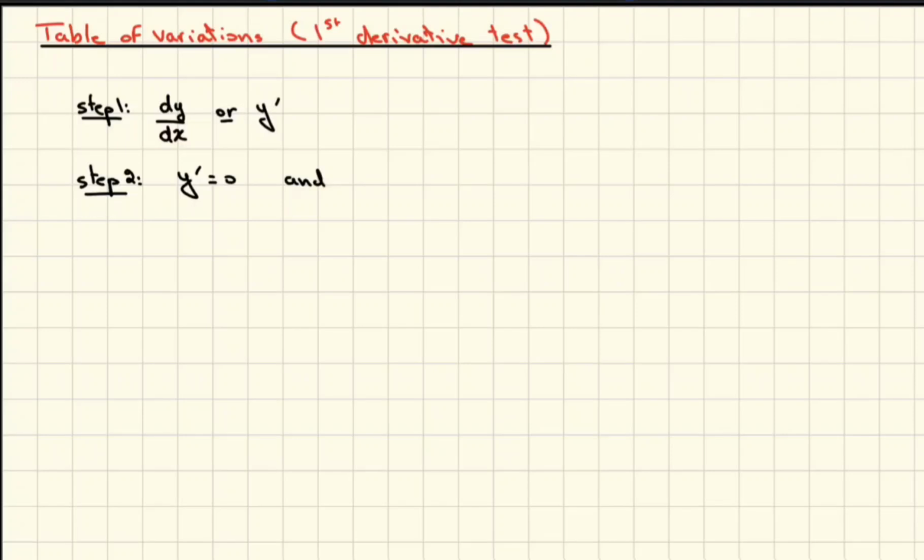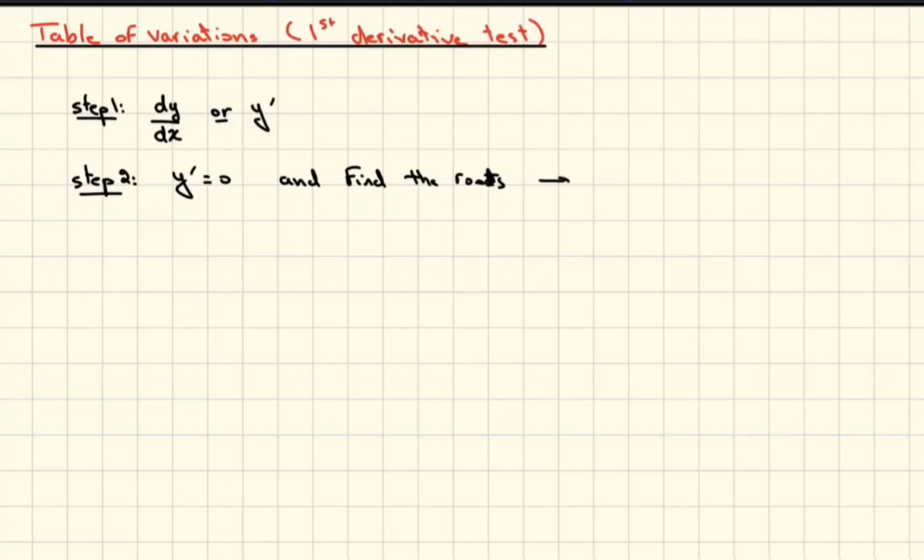and find the roots. So find all the x's that make the derivative 0, and these are called stationary points or stationary values.